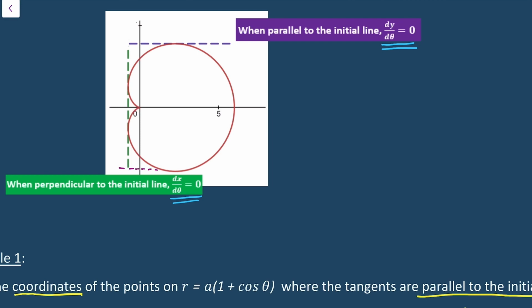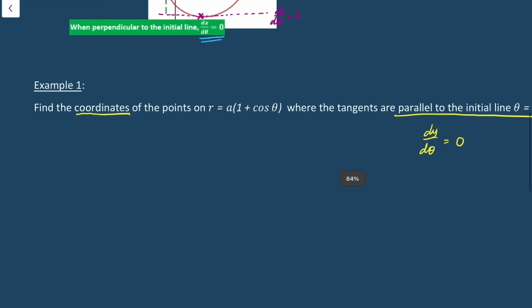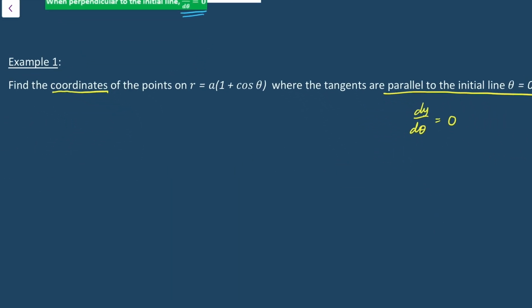This also happens down here. dy/d theta is also going to equal 0 down here. So they're asking me to find the coordinates where the line is tangent to the curve. Okay, so I am obviously going to look for dy/d theta.